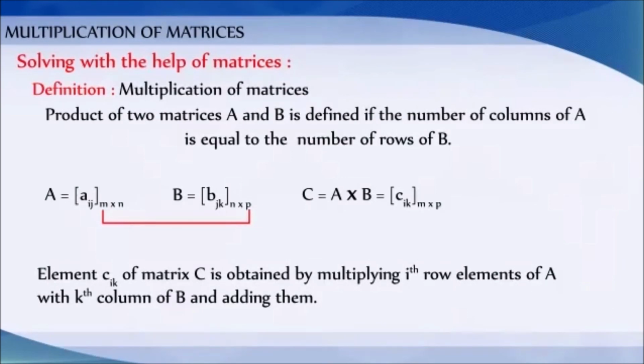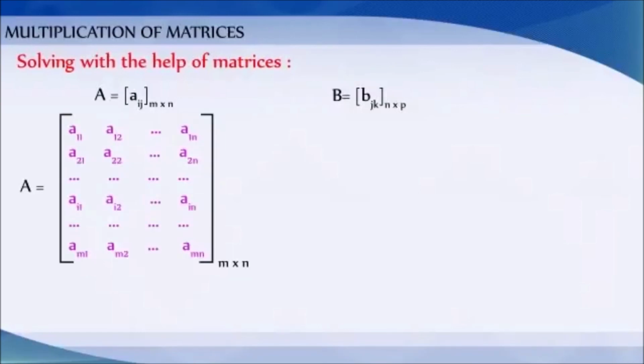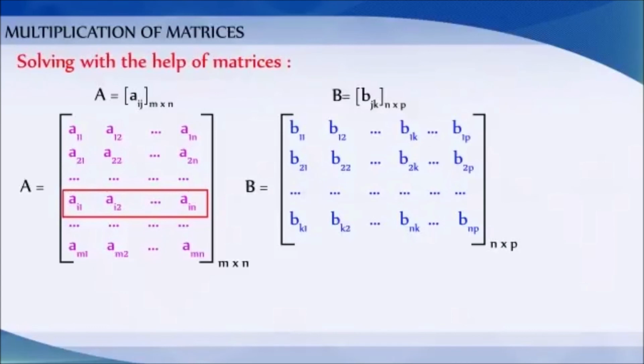In other words, if A = [Aij] is of order m by n and B = [Bjk] is of order n by p, then the ith row of A is Ai1, Ai2, etc., Ain and the kth column of B is B1k, B2k, etc., Bnk.